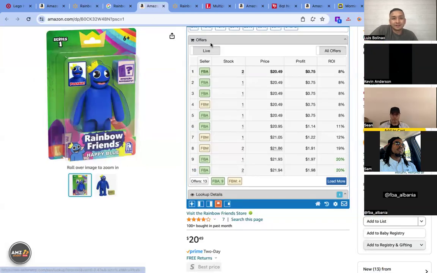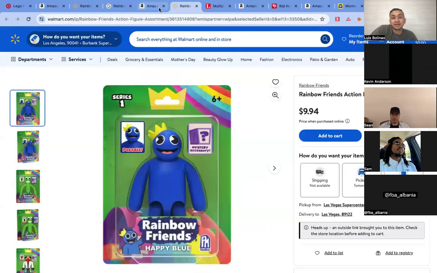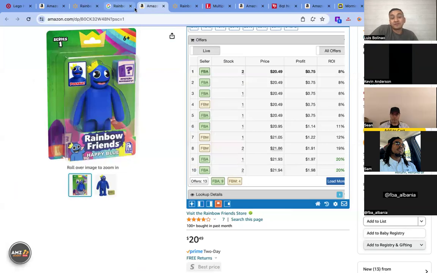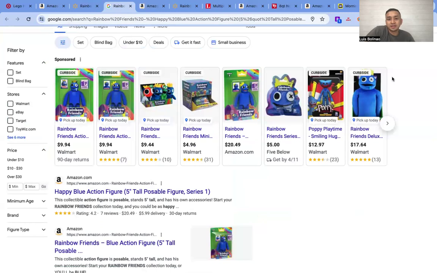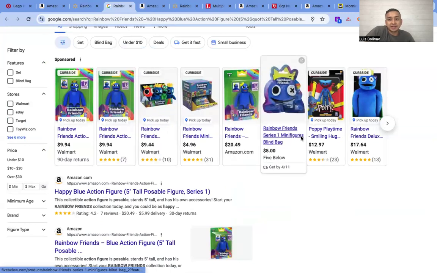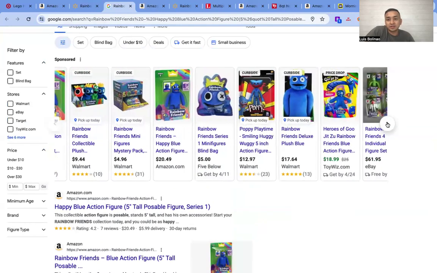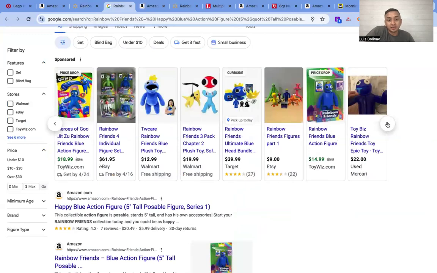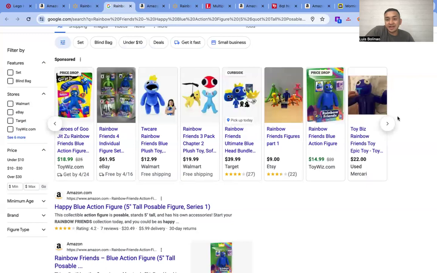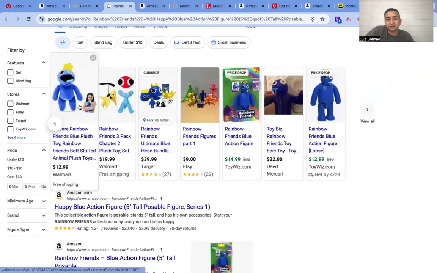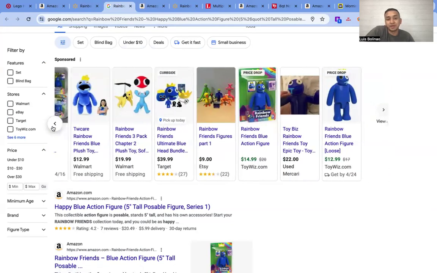So to me, this one's gonna be a skip. But if you want, you can look again and go back to Google, right? And look for the exact same product and see if you can find it for a lower cost. Some people take the extra step, it's fine. Some people just skip it.